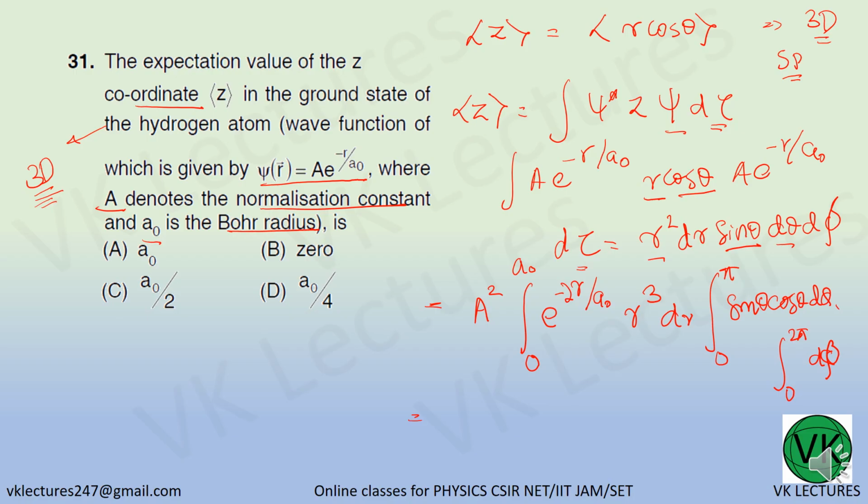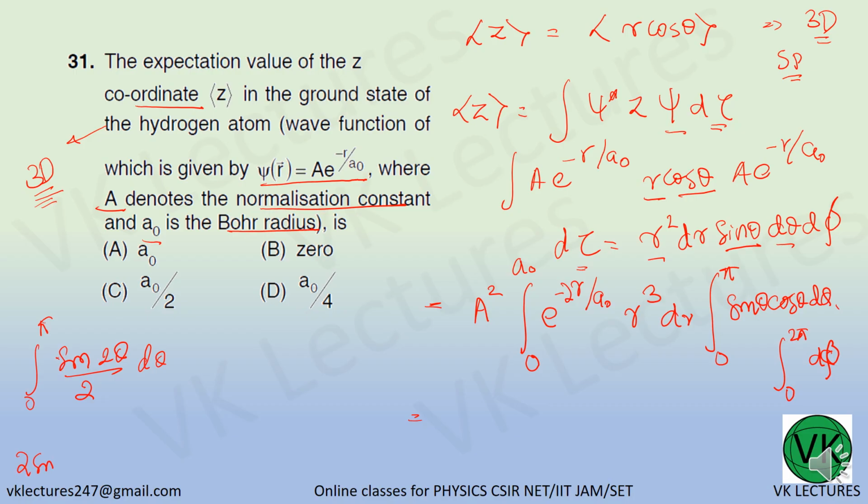Now let us take this integral 0 to pi of sin theta cos theta d theta. This we can write as sin 2 theta divided by 2 into d theta, because 2 sin theta cos theta is nothing but sin 2 theta.